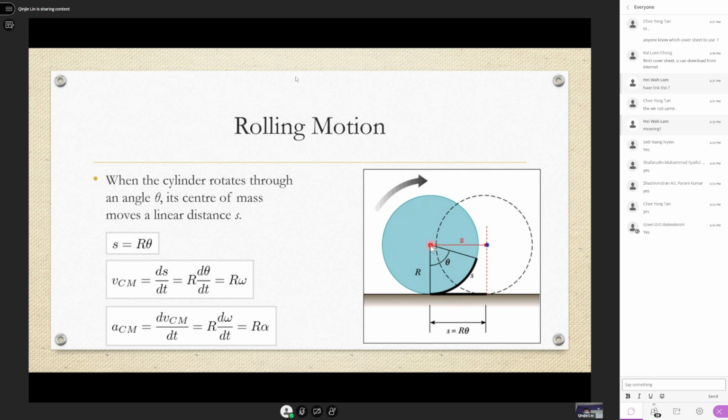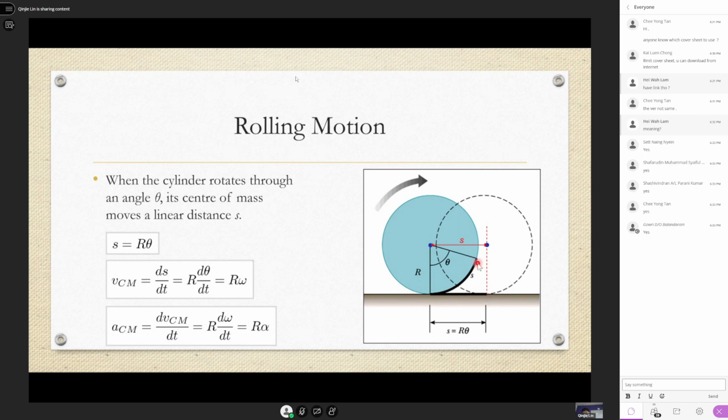You see the center move from here to here. This distance is s. Why is this distance s? Because from here to here, it follows this arc length. The point of contact starts from here. After that, it rolls, and the point of contact will be here.